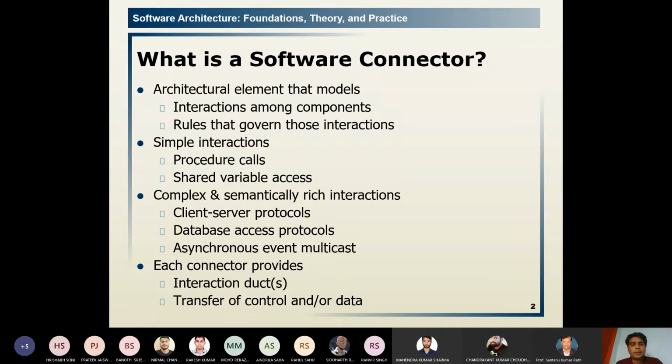Then the next one is the database access protocol. In between the client and server, one is the ultimate client and one is the ultimate server. In between them, there are also other clients or servers who help to apply our application logic.